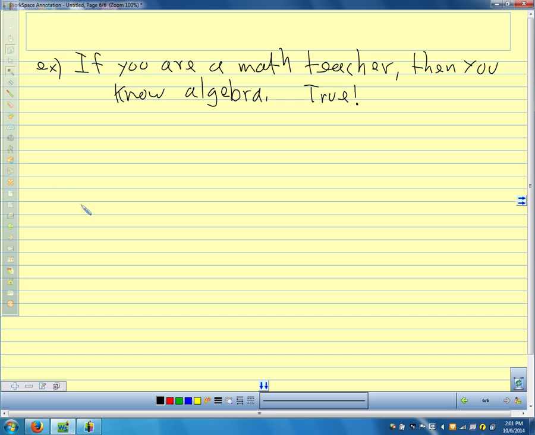All right. Oh, and if we drew a Venn diagram for this, just so we have an example, the middle would be teacher, and then algebra. If you're a teacher, then you know algebra. And we're talking about a math teacher here. All right, let's form the converse.